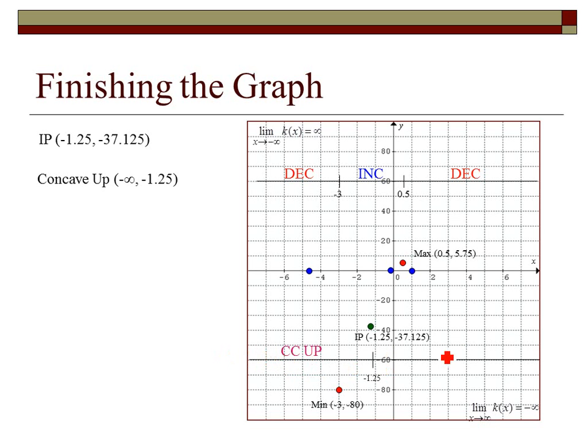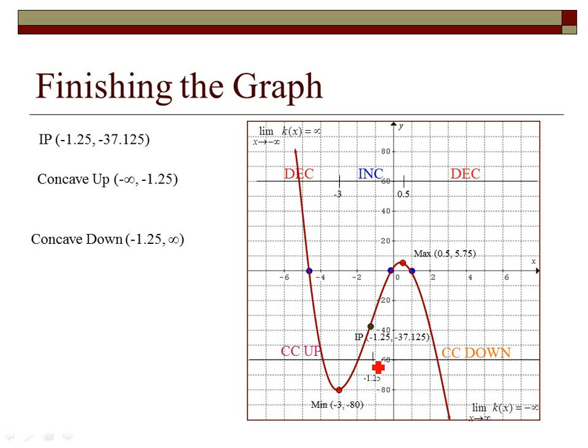So concave up. Over on this side, I was concave down from negative 1.25 to infinity. Now my last thing is I'm just going to sketch the graph. And there's my graph. So you get the basic idea of just what we're doing for each of these parts.